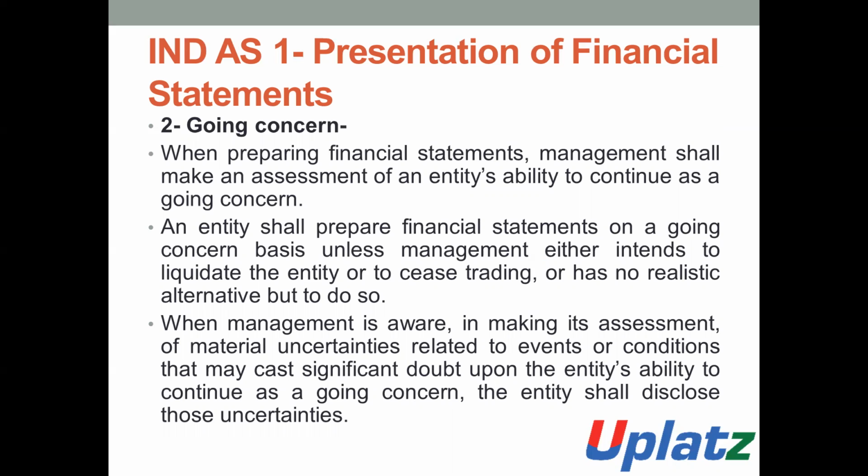At the time of assessment, when management finds any material uncertainty related to events or conditions that may cast significant doubt on the going concern concept, the entity shall properly disclose such uncertainty in the financial statements.